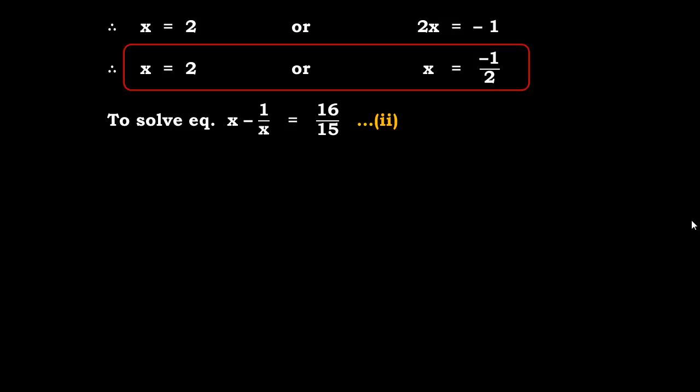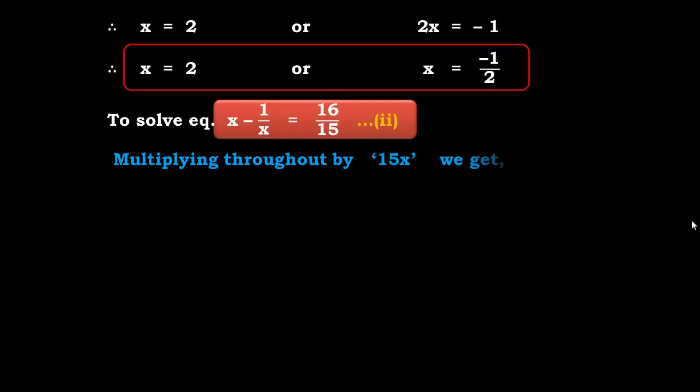Now for that we have to convert this into standard form, and for that we can multiply throughout by 15x. We get 15x square minus 15 is equal to 16x. 15 gets cancelled. So 15x square minus 16x minus 15 is equal to 0.